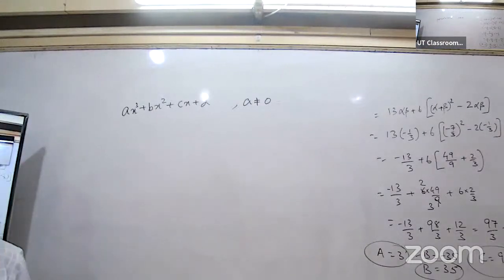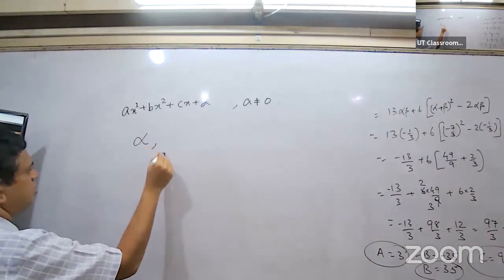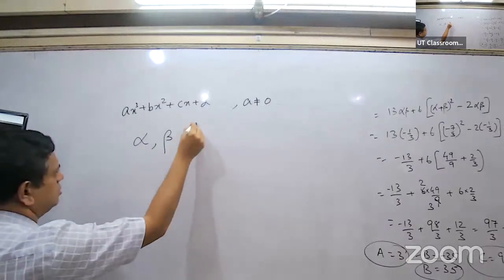Written? Below that, the 3 zeros are denoted by alpha, beta, gamma.